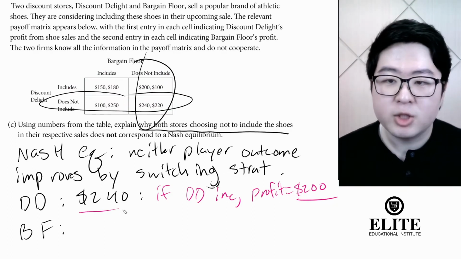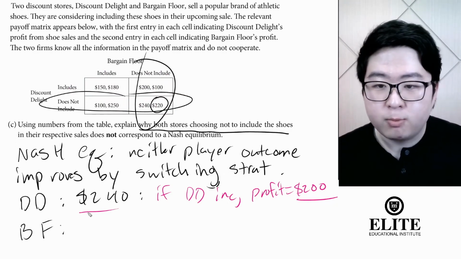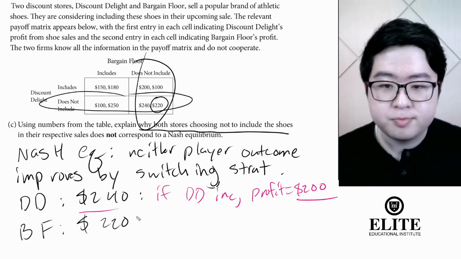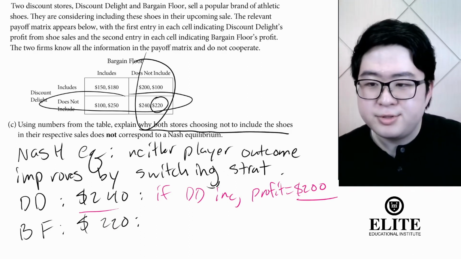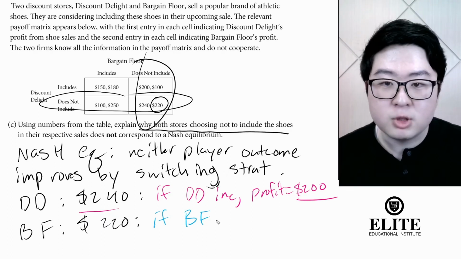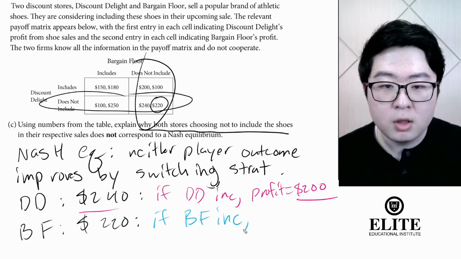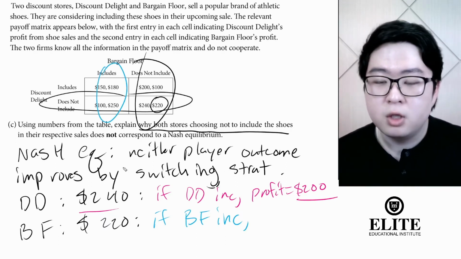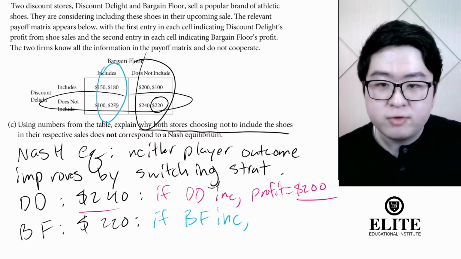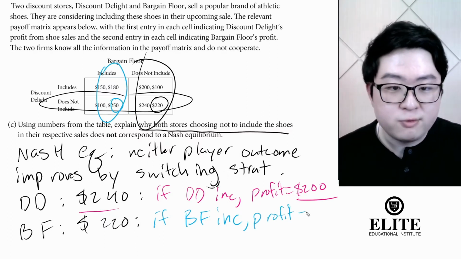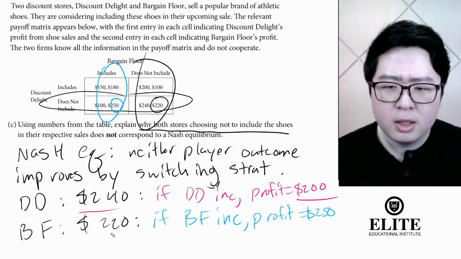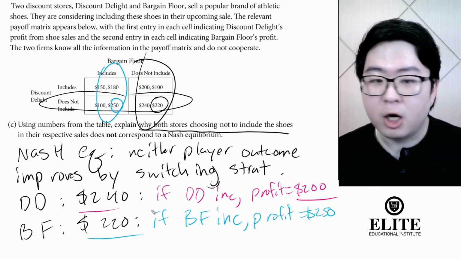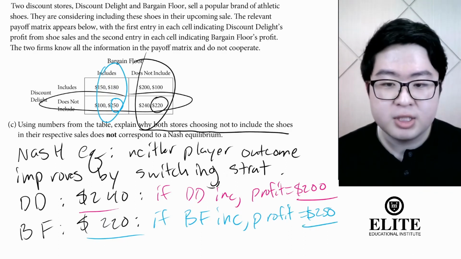So right now, how much money is bargain floor making? Well, a profit of $220. And let's see what its profit is if bargain floor switches strategies to include, assuming that, of course, discount delight chooses to continue to not include. Its profit's going to be right here, $250. 250 smackaroos. Is bargain floor incentivized to switch strategies? You betcha.